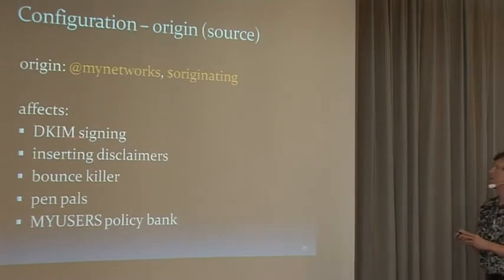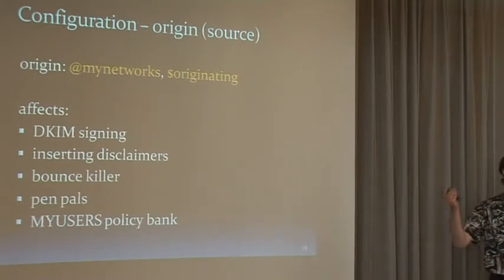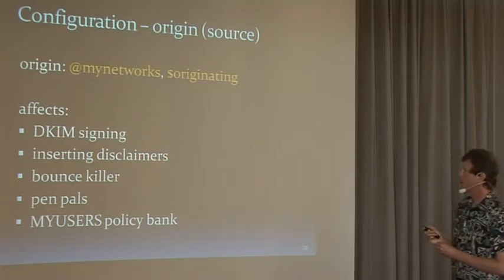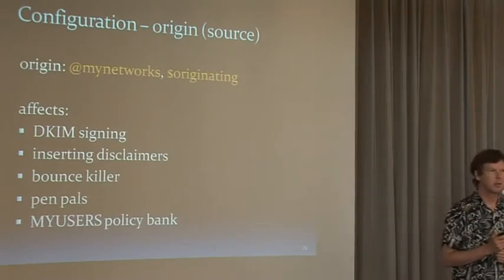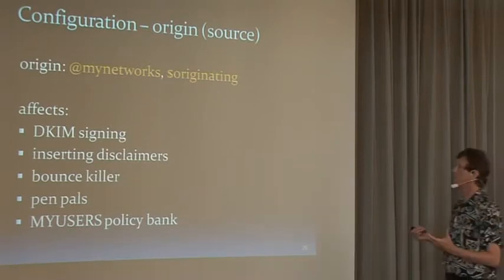One of the more important things is DomainKeys Identified Mail signing. You don't want to sign mail which is coming from foreign users. Some people want to insist on inserting disclaimers, and this also applies only to the mail originating from our users, locally submitted.